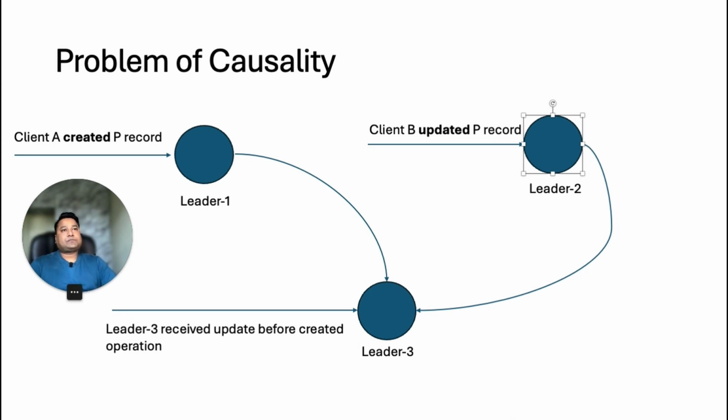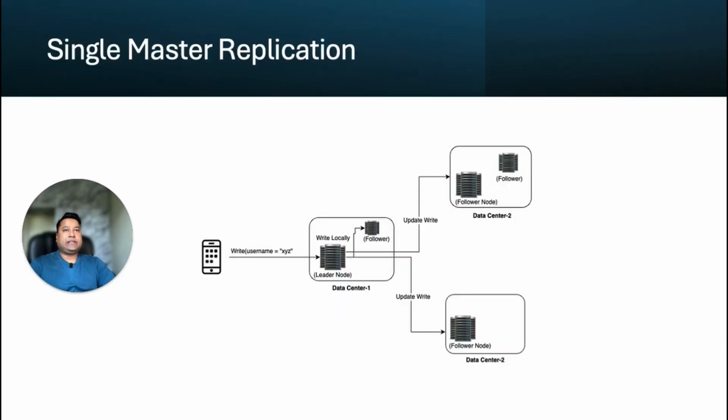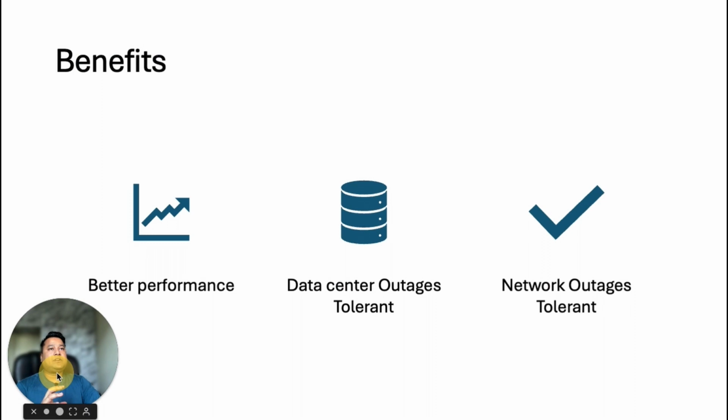So far, just to summarize, we understood what multi-master replication is. We compared it with single-master replication. We also understood how multi-master replication works, and we went through the benefits of multi-master: better performance and tolerance against data center and network outages.